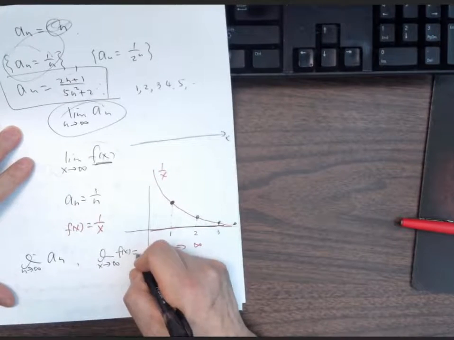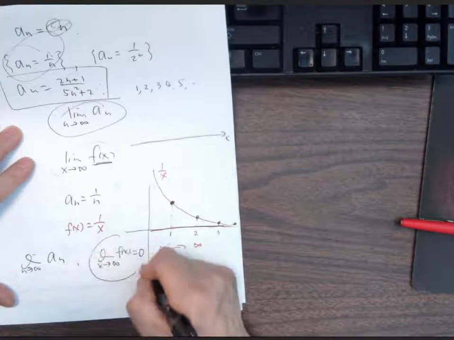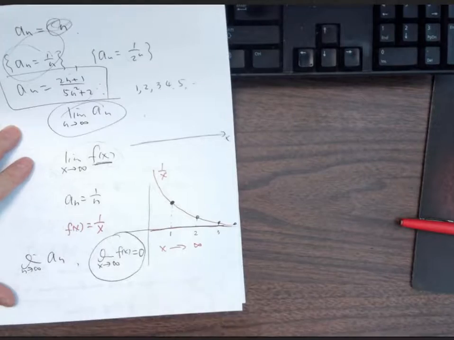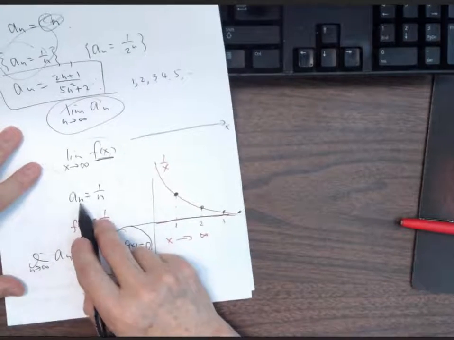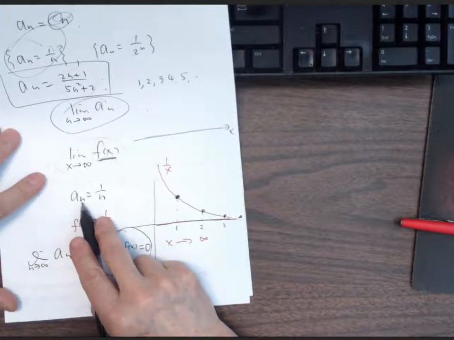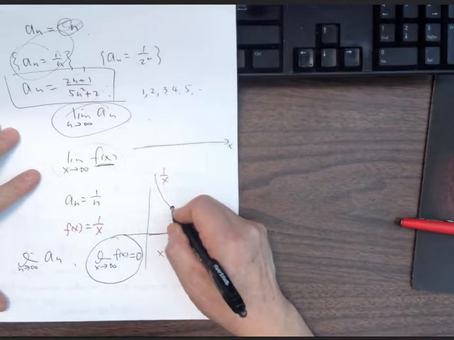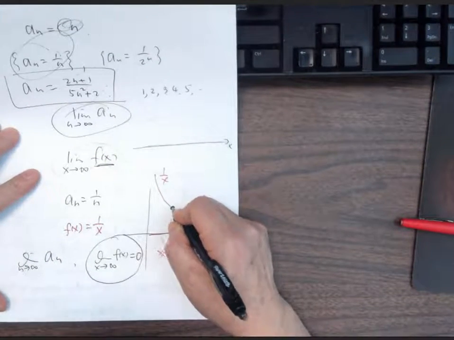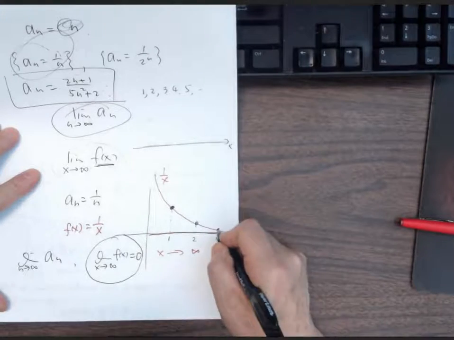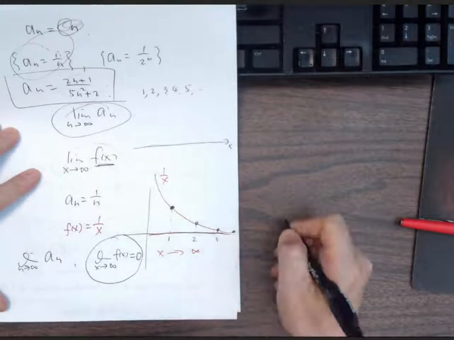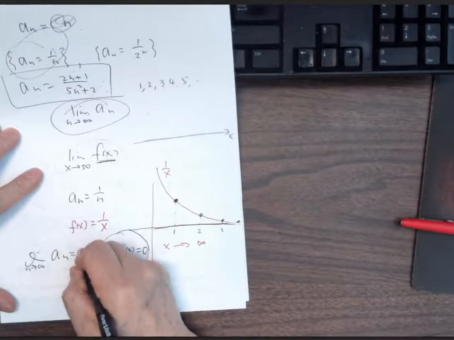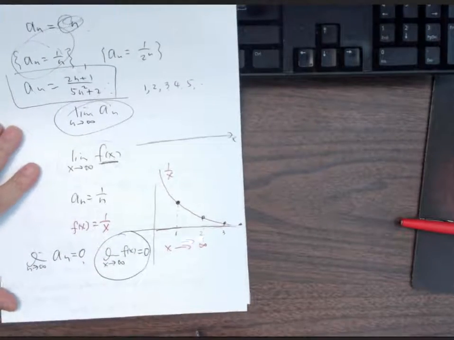So we get the limit of the function. Now let's check the limit of the sequence. This time we're going to go along those dots, jumping from this point to this point to this point to this point. Well, in the end, the limit is 0 too.